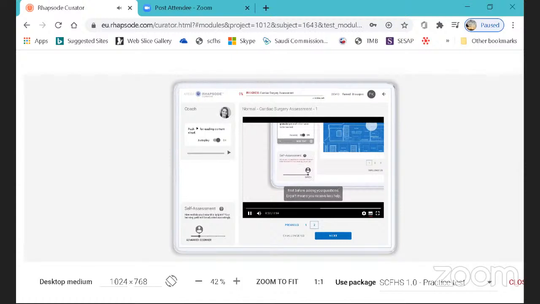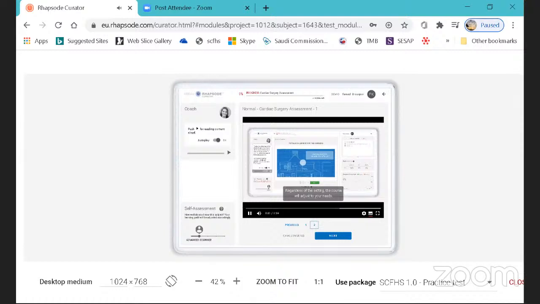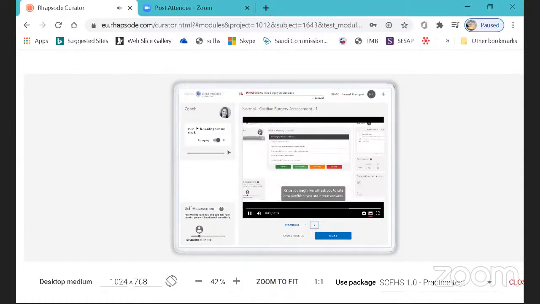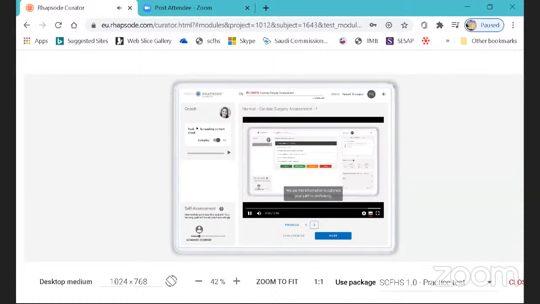Expert means you receive less help, but if you know the material, you will move through the course more quickly. Regardless of the setting, the course will adjust to your needs. Once you begin, we will ask you to rate how confident you are in your answers. Be honest and don't worry about not knowing or being unsure about something. We use this information to optimize your path to proficiency.